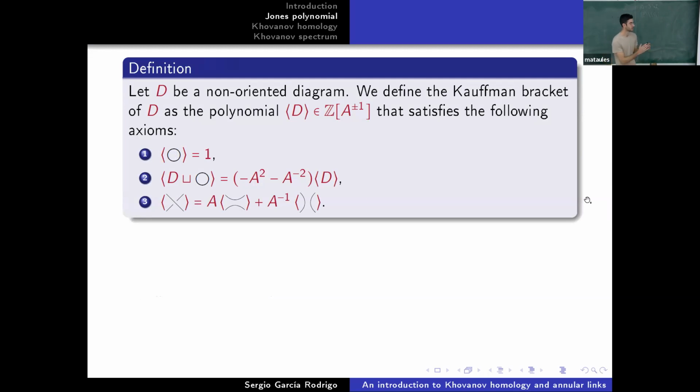The second one allows us to remove one circle that's disjoint from the rest of the diagram just by multiplying by this term. And the third one is what we call the skein relation.